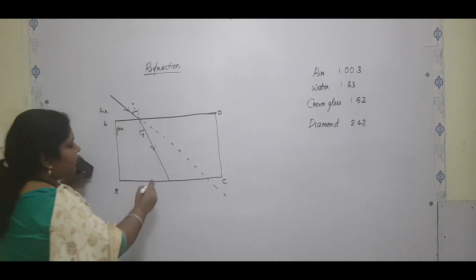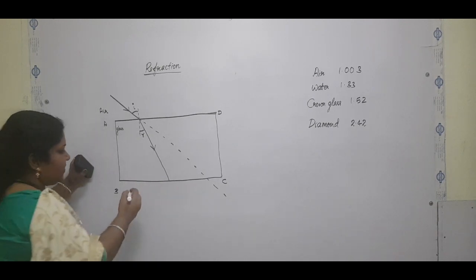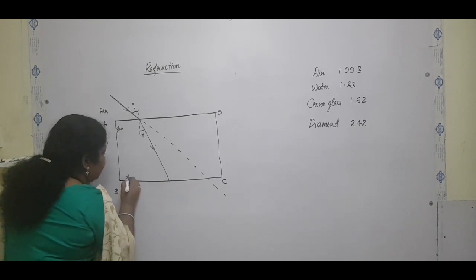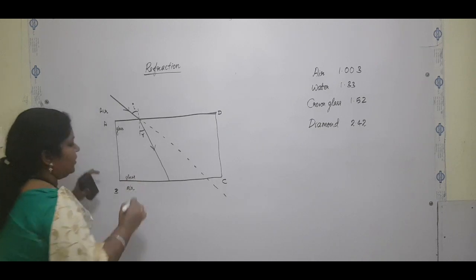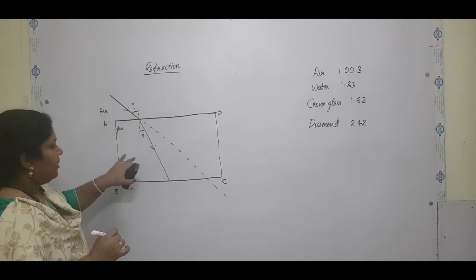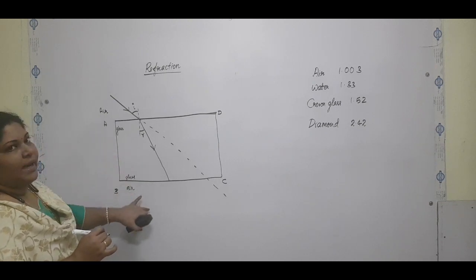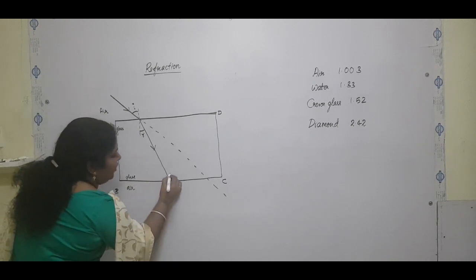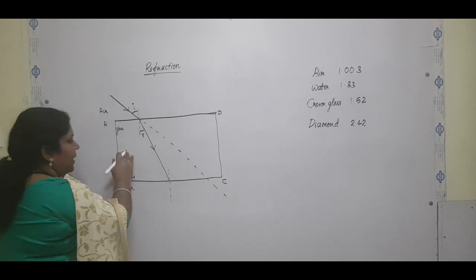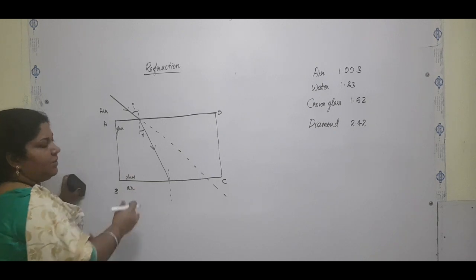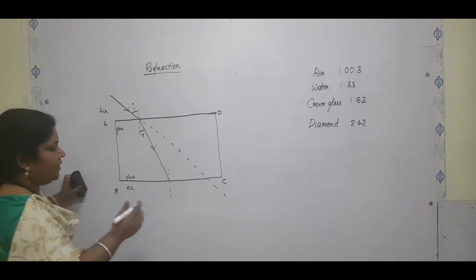Now, at this surface, it is passing from glass to air. So, it is passing from a denser medium to a rarer medium. So, at this point of incidence also, we have to draw a normal. Now, as it is passing from a denser medium to a rarer medium, it will bend away from the normal.